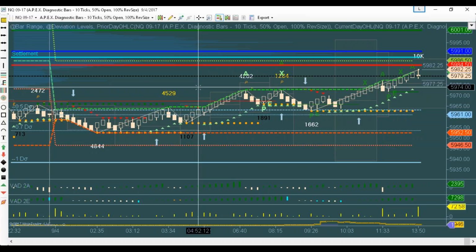Can the OD be added to the Elite Room charts? Anthony, we're going to play with that. I'm not sure if we're going to do that or not, because we have to test it and make sure that the charts in the Elite Room don't get too cluttered, to where people can't actually utilize them to trade.